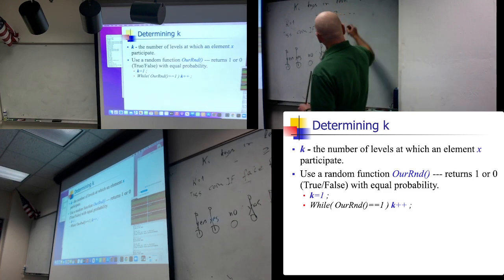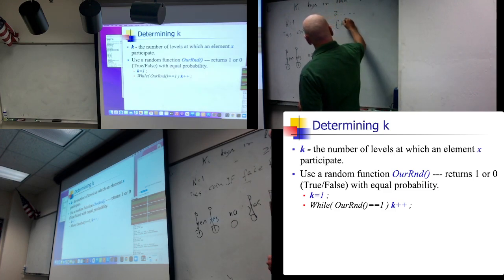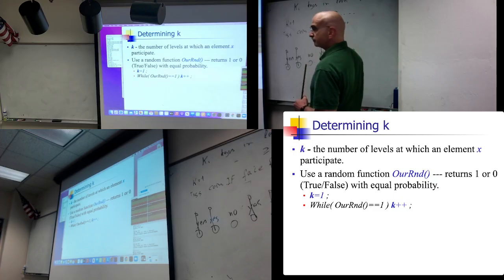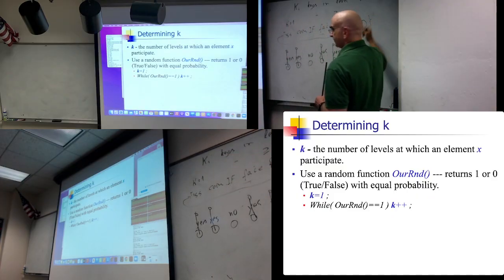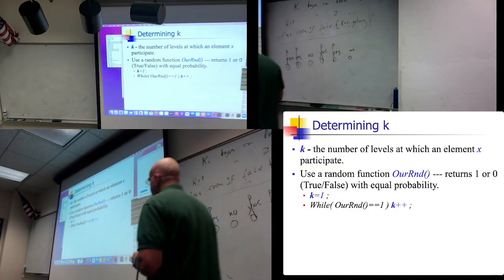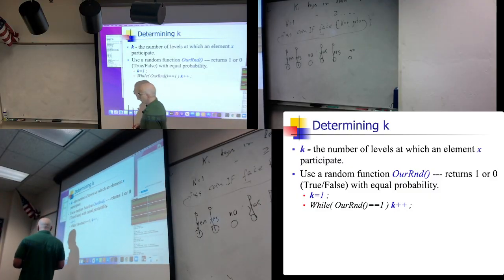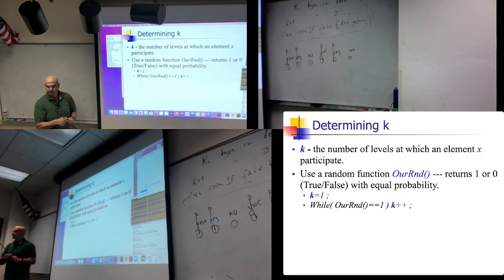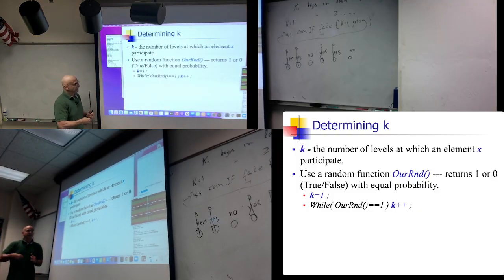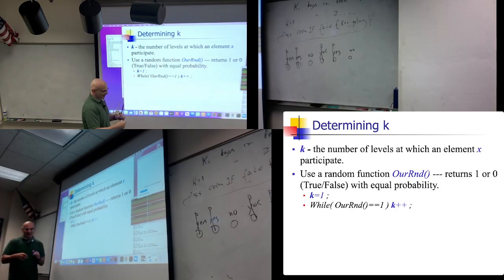You perform k plus plus, and go do it once again. And the moment that you get a tail, you stop incrementing k. So as long as my coin shows a face, I keep incrementing k, and each time that I increment k, I also toss a coin once again.